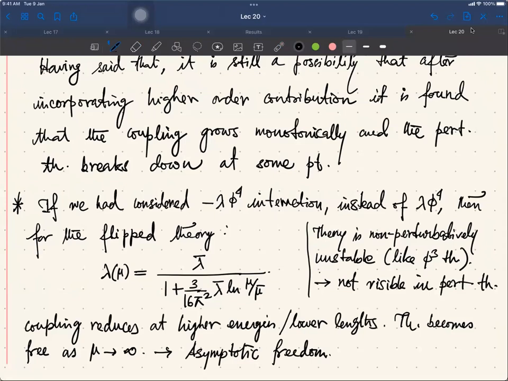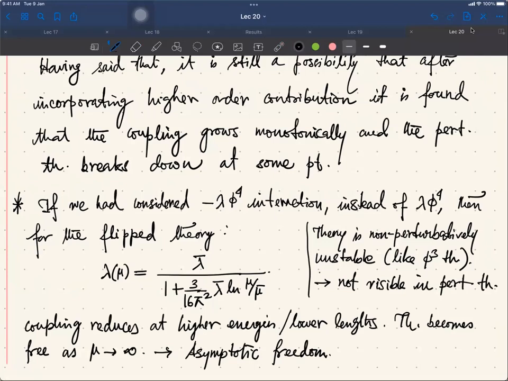It means that at very high energy, at very small length scales, the particles behave freely. They don't interact with each other strongly. But as you try to separate them more and more, they use more force to confine, because the coupling increases as you increase the length scale of the object.